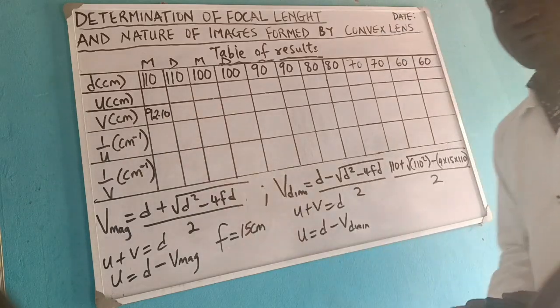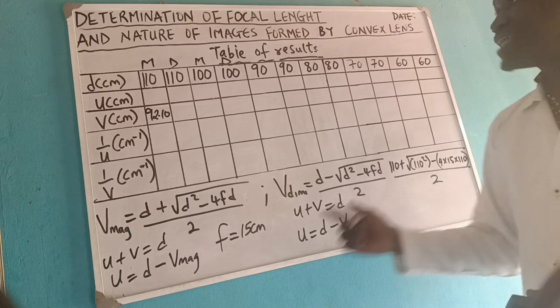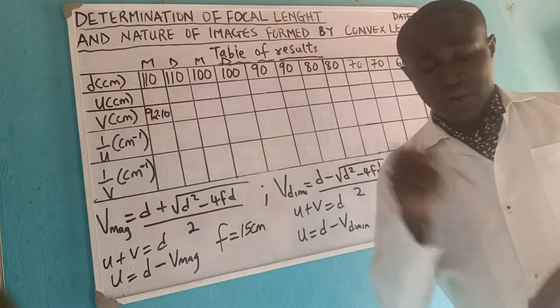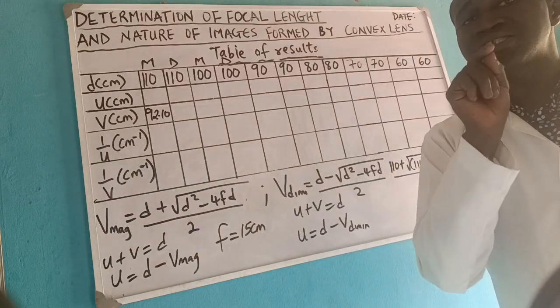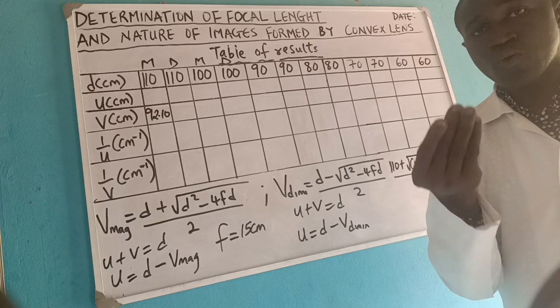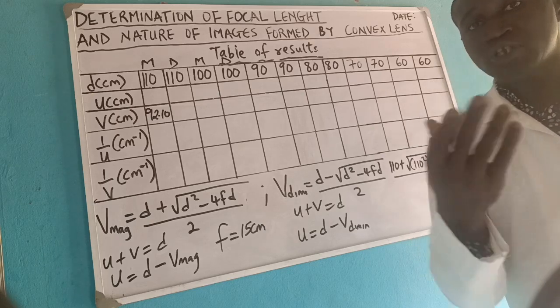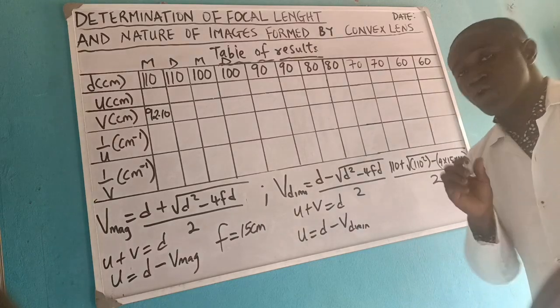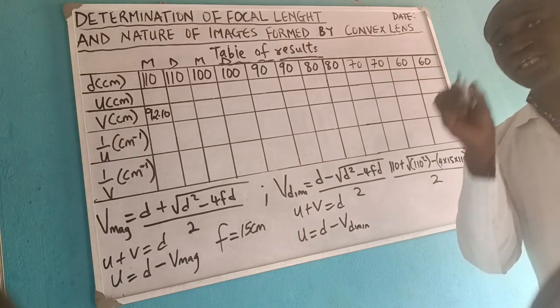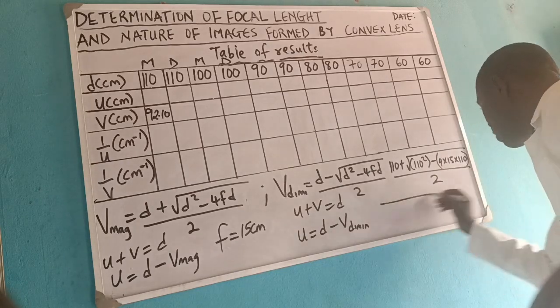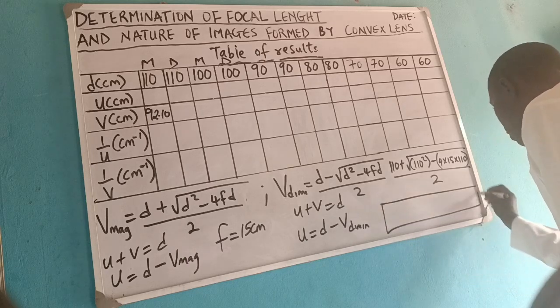Okay? Why I say approximate it to one decimal place is because you are using a meter rule to do your measurement, and the reading accuracy of a meter rule goes by centimeter. Look at your meter rule.